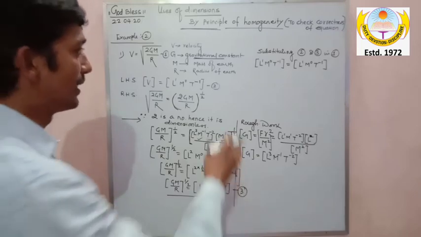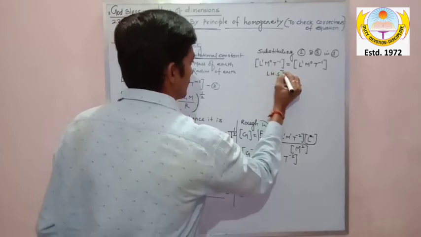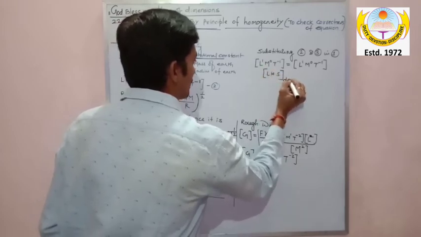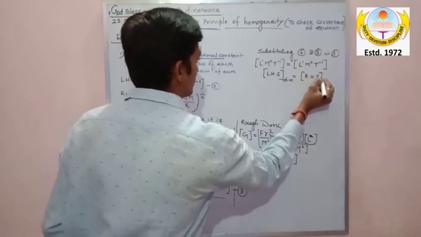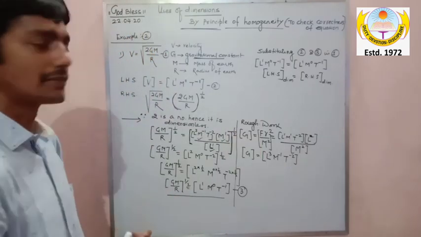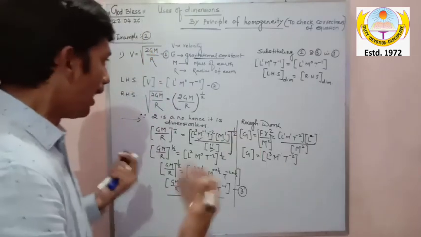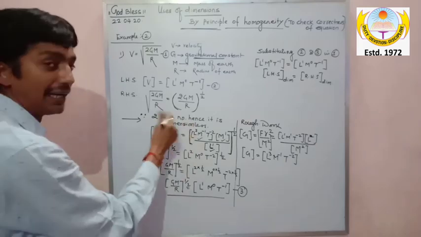So now, my dear, I can write: LHS dimension is equal to RHS dimension. In some books it is given that 2 is a number; I am writing it separately and removing it out.